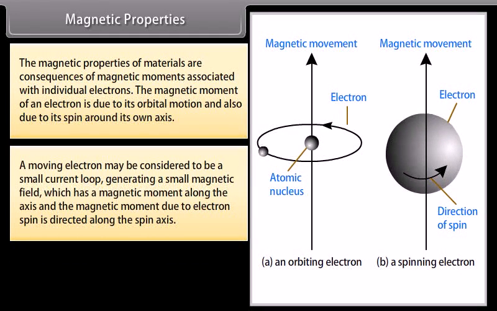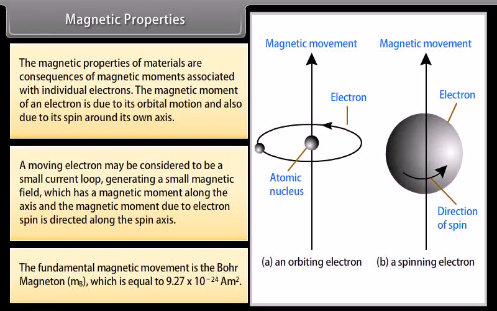A moving electron may be considered to be a small current loop generating a small magnetic field, which has a magnetic moment along the axis, and the magnetic moment due to electron spin is directed along the spin axis. The fundamental magnetic moment is the Bohr magneton, μB, which is equal to 9.27 × 10^-24 A m².